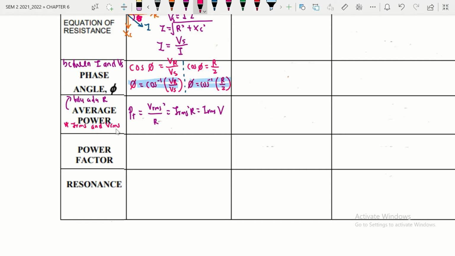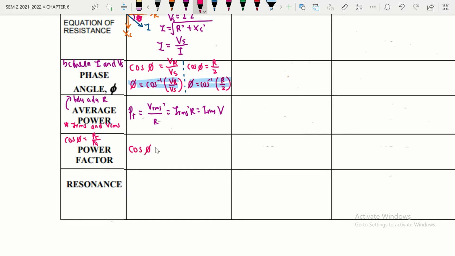Remember, power factor dia mestilah real power bahagi dengan apparent power. Okay, remember power factor ni cos phi tau. Power factor adalah cos phi. Cos phi dia mestilah average power bahagi dengan apparent power. Average power nama lain ni adalah real power ataupun true power. Dia kena bahagi dengan apparent power. So apparent power ni macam total power dia lah. Okay, sekarang mari kita tengok real power dia berapa.